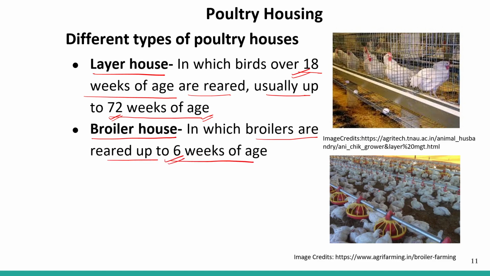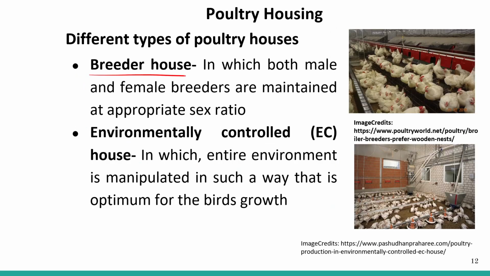So we have different types of houses, right? Layer houses, broiler houses, and breeder houses. Breeder house, in which both male and female breeders are maintained at an appropriate sex ratio so that they can breed.